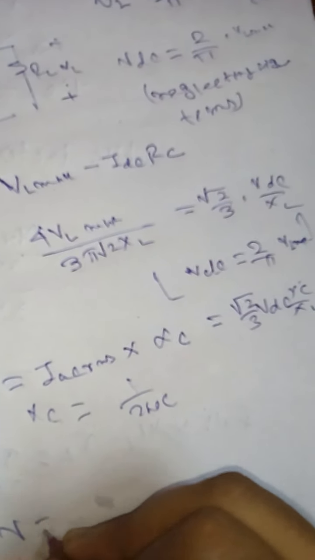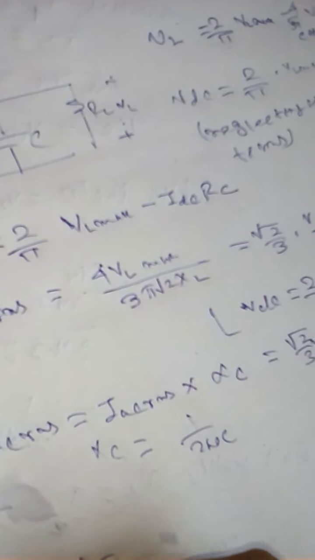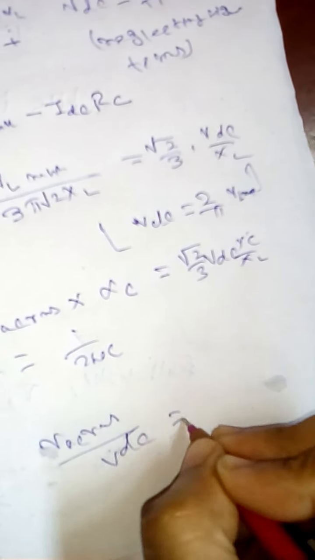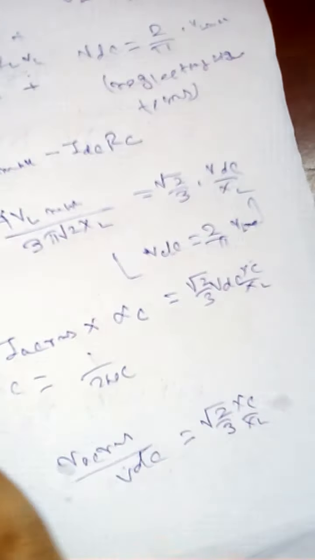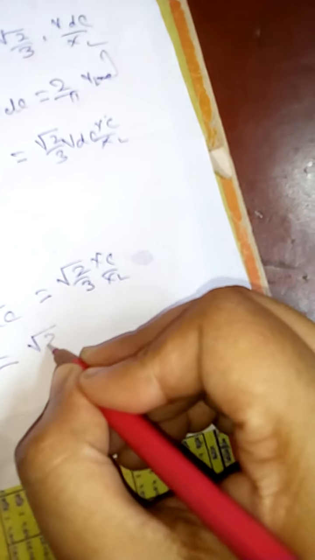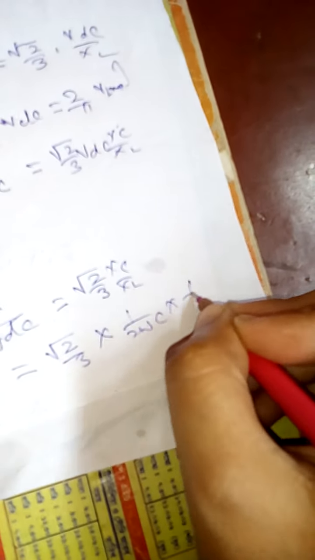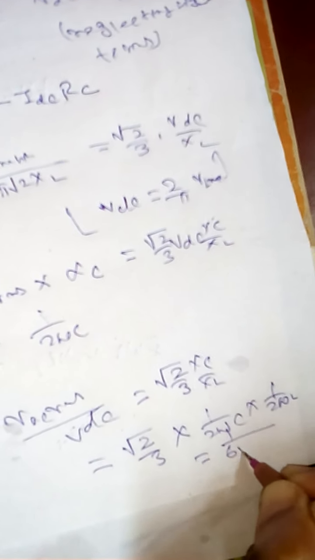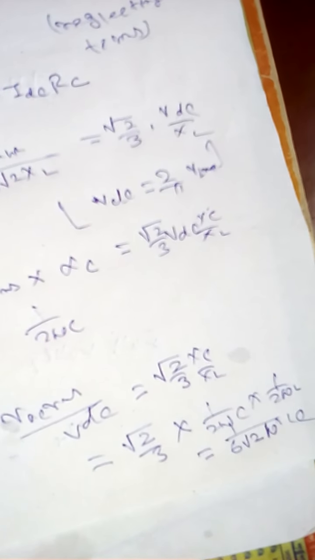So the ripple factor is VAC RMS by VDC, which is 2 by 3 root 2 XC by XL. Calculating, we get 2 by 3 into 1 by 2 omega C into 1 by 2 omega L, so the value is 1 by 6 root 2 omega square LC.